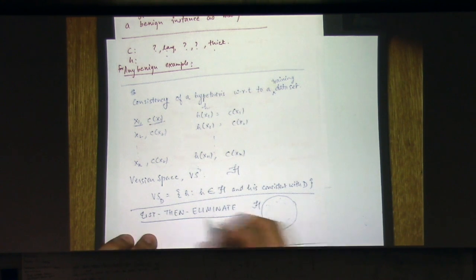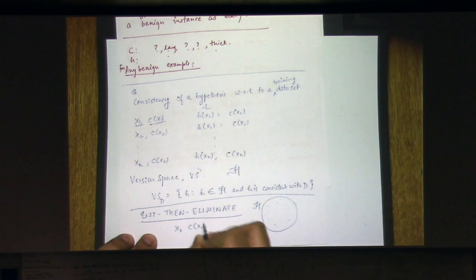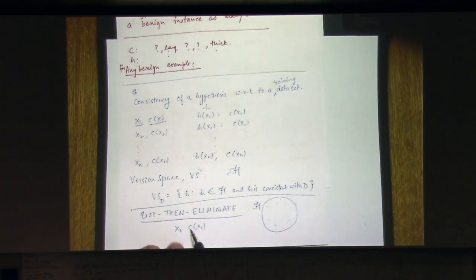Then it gets a new data point, x1, and it gets its label. Then it takes every hypothesis here and compares H of x1 with C of x1. If it matches, that means that hypothesis is consistent with this data point, so it keeps it. If it's not a match, it chucks it out.